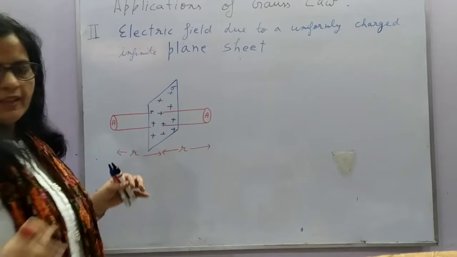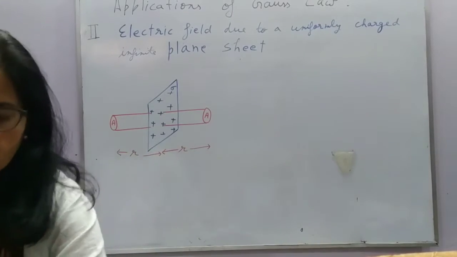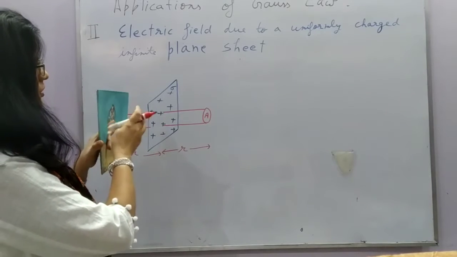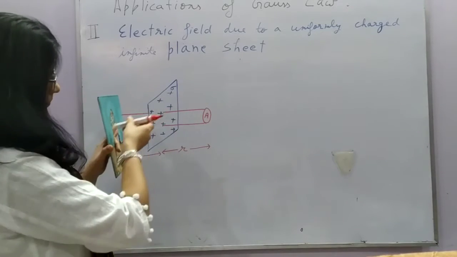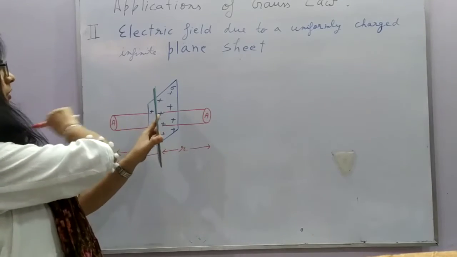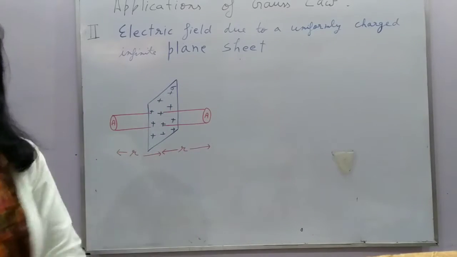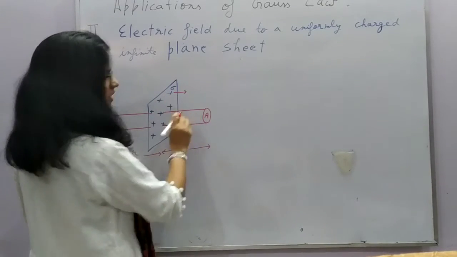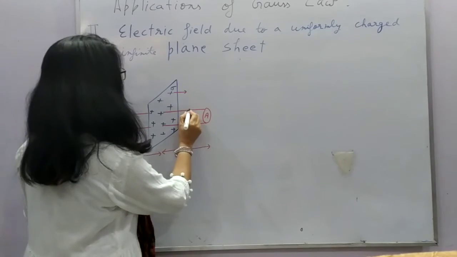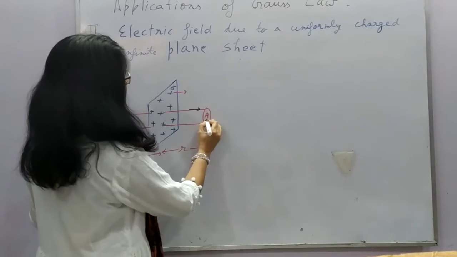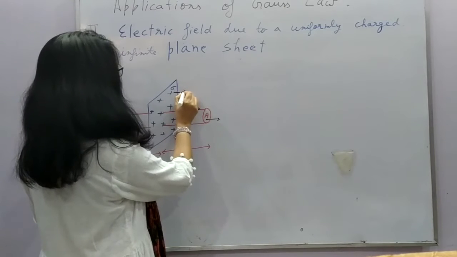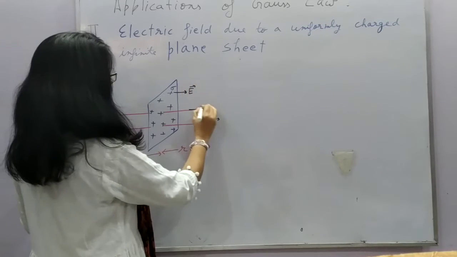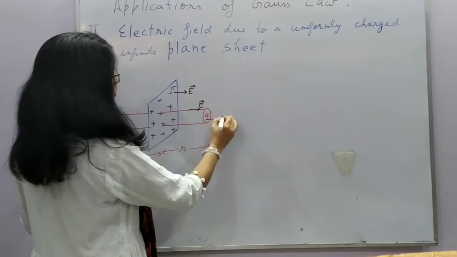Now we know that if this is the sheet, then the electric field due to this sheet, because this is positively charged, will be outwards everywhere. Right? Here also it will be outward this way. So whether we consider a point here, or a point here, at all these points the electric field direction on the right side will be this way.